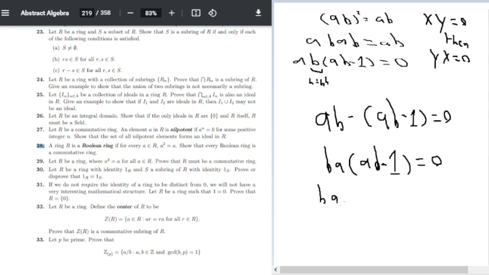Then ba, wait, let's think. So if we have this true, we have arbitrarily many a's and b's. So we can take ab minus 1 is equal to 0, and we can get stuff.